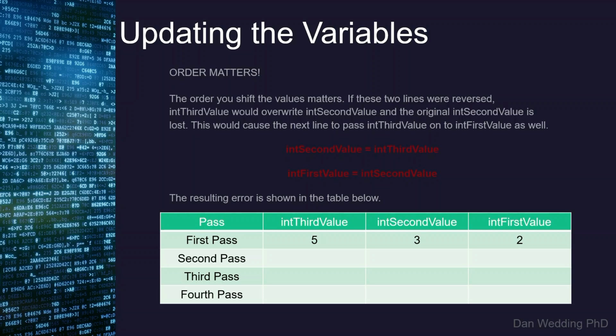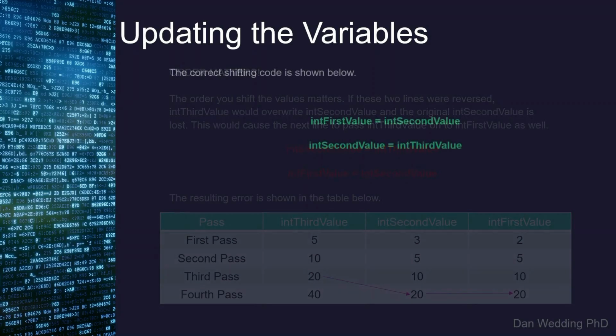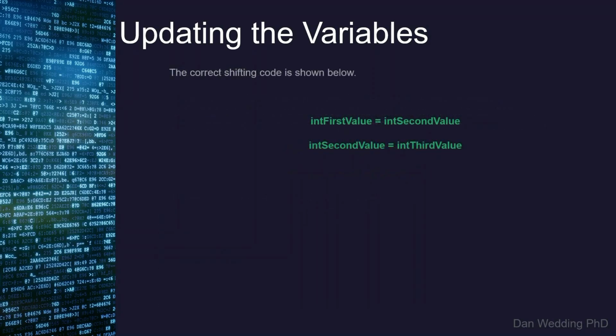This would cause the next line to pass int third value onto int first value as well. The resulting error is shown in the table below. The correct shifting code is shown below.